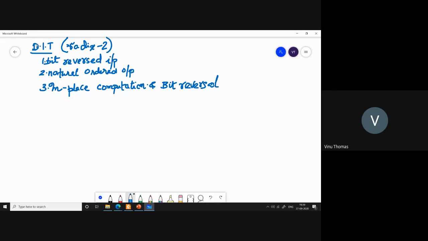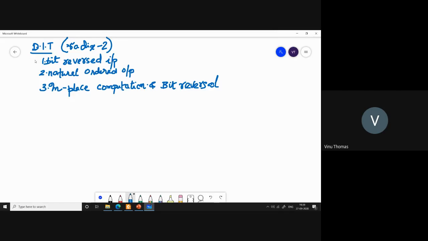In the previous class, we had discussed the decimation in time, radix 2 fast Fourier transform algorithm. It's called decimation in time because you are decimating the input sequence into smaller subsequences. We can think of decimation as splitting the sequence into smaller subsequences.